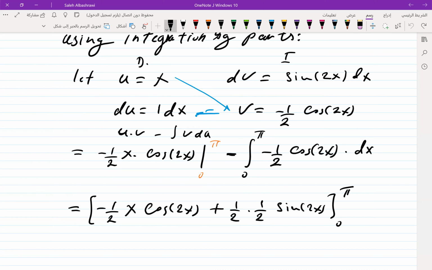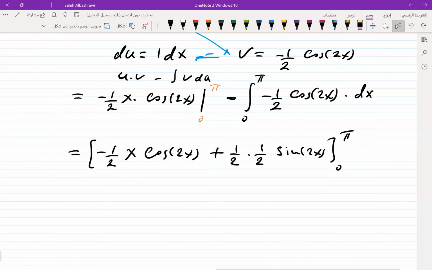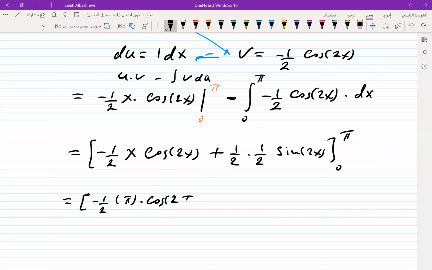Now find the value, replace x by the upper limit first, and then the lower limit. So this is equal to minus 1/2 multiplied by x equal to pi, cosine of 2 pi, plus 1/4 sine of 2 pi.